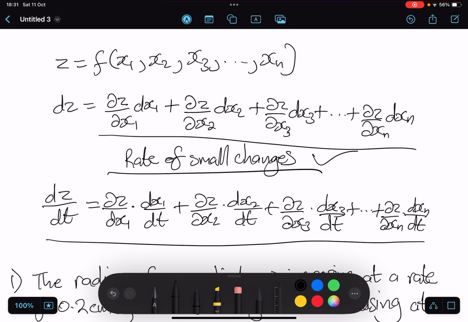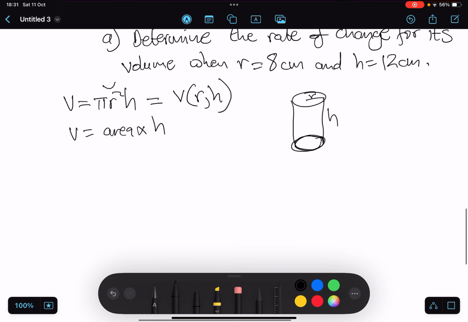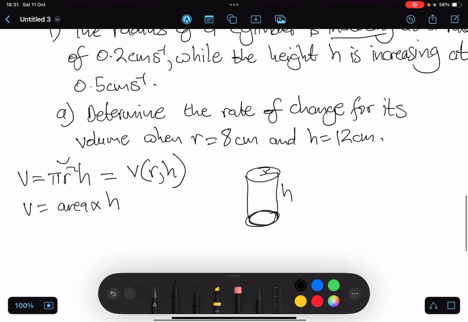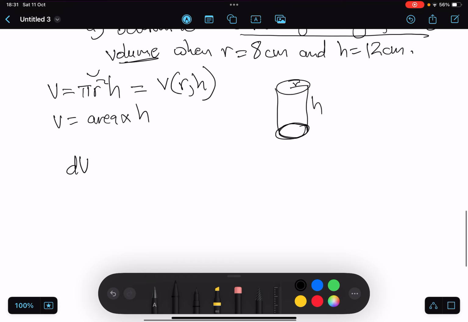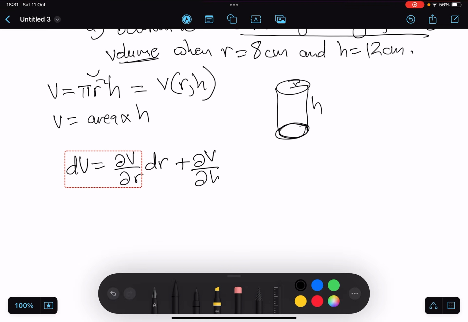So that's why we are going to apply this principle, the rate of small changes. So how do you apply this one? They are saying we should determine the rate of change of its volume. So we want to find dV, which means dV here is going to be equals to del V del R dR plus del V del H dH.